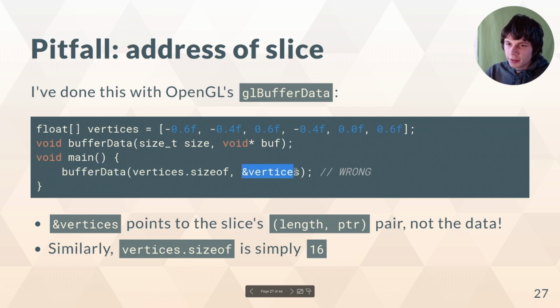And I take the address of this array, and in C that would just point to these floats. But in D, this is a slice. So taking the address of vertices just creates a pointer to the slice's length and pointer pair, and not the actual float data. And similarly, the size of this variable is not the size of these floats, it's just the size of the pointer and length, which is 2 times 8, 16 on 64-bit targets.